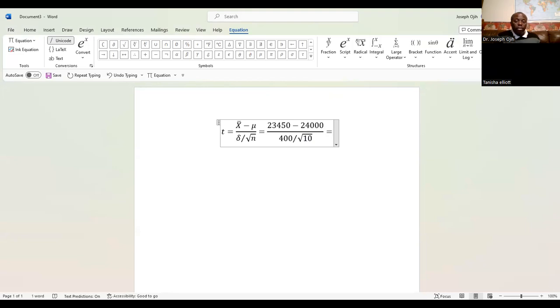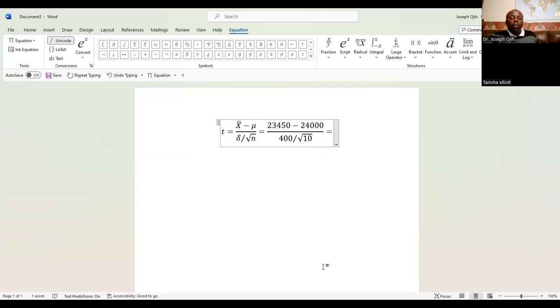T equals 23,450 minus 24,000, divided by 400 over root 10. So let's put this on the calculator.